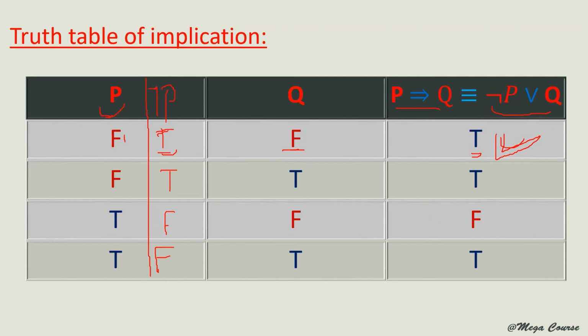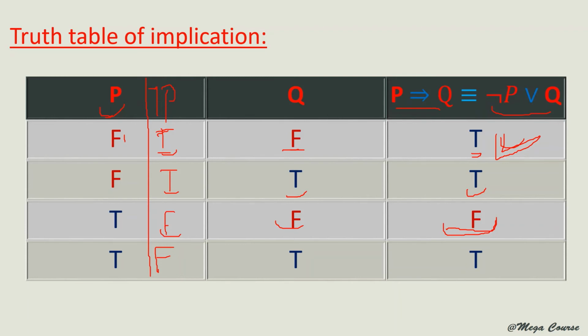The second one, we have not P is true and Q is also true. Of course, P implies Q will be true. In the third one, we have not P is false and Q is false, which means P implies Q is of course false, because both of them are false.